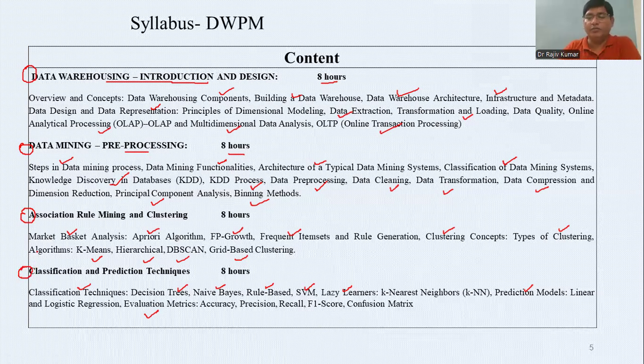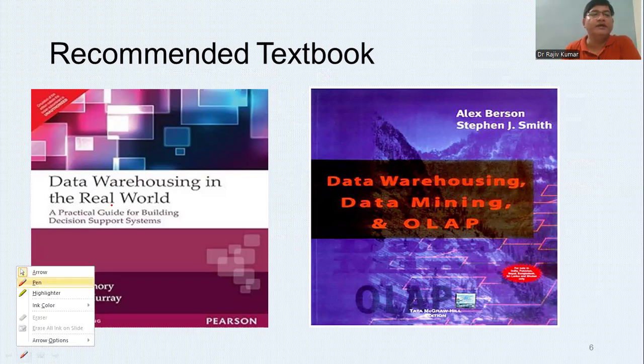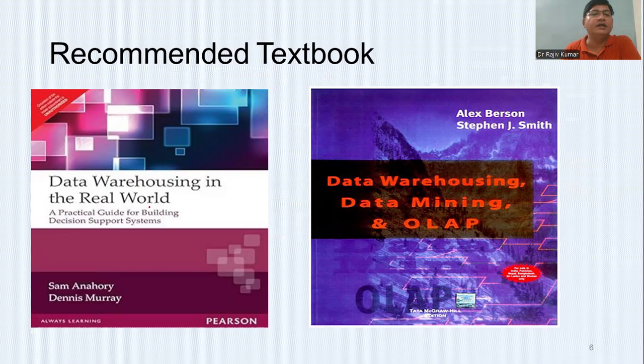The recommended textbooks are shown here. Data Warehousing in the Real World, Sam Anahory and Dennis Murray, Pearson Education, along with Data Warehousing, Data Mining and OLAP, Alex Berson. So this is also a good book. These two books are recommended for this course.